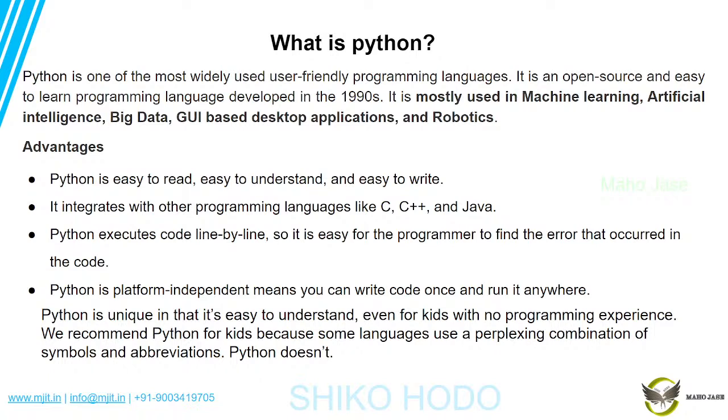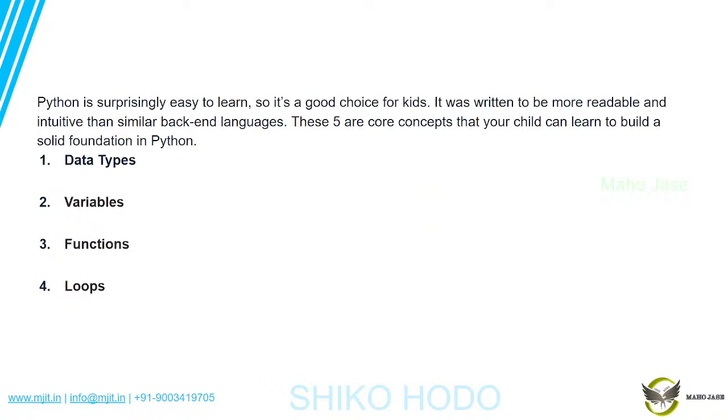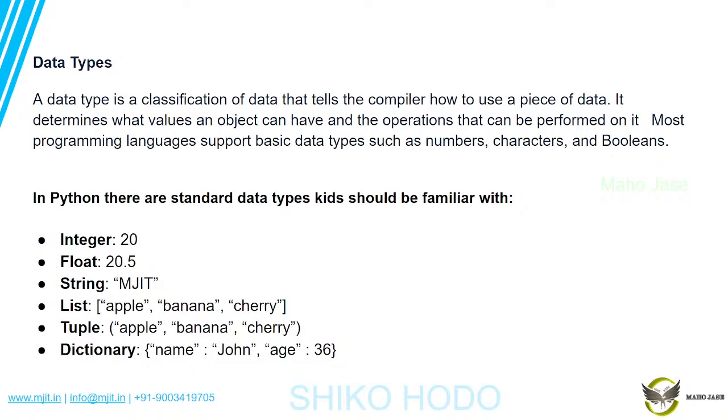So Python is very unique and it's easy for kids to learn programming without any programming background. And these are the 5 core concepts that children should learn: data types, variables, functions, and loops. A data type is a collection of data that tells the computer compiler how to use a piece of code.